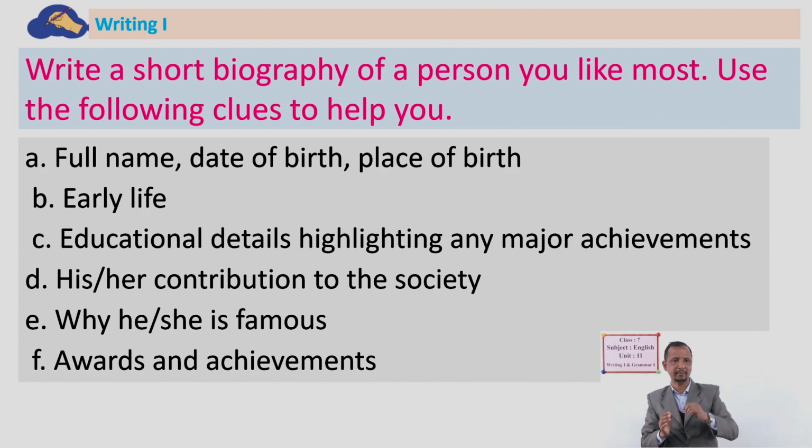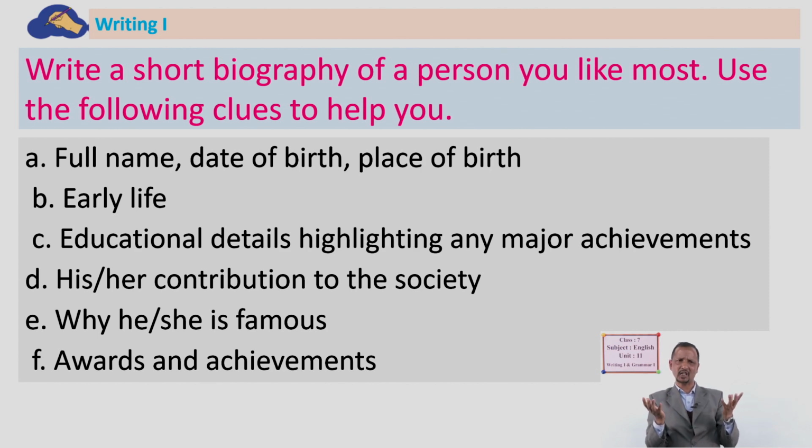Just collect the information: full name, date of birth, place of birth, early life, educational details highlighting any major achievements, his or her contribution to society, and what he or she is famous for, awards and achievements. You may add so many supporting details.